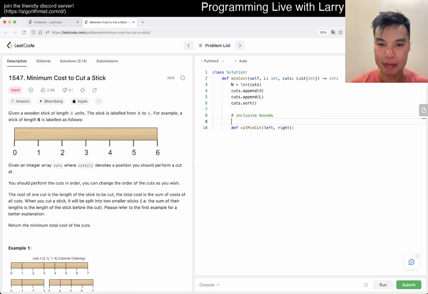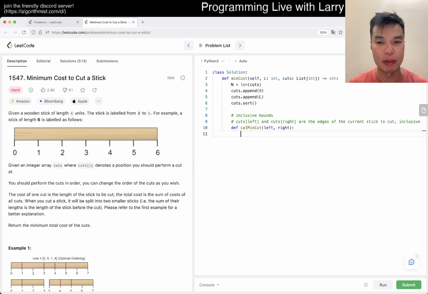Or, well, that's not necessarily what you want to do, but what you should do is define the left and the right. So for me, this function's left and right are the edges, or technically cuts of left and right, the edges of the current stick to cut, inclusive.